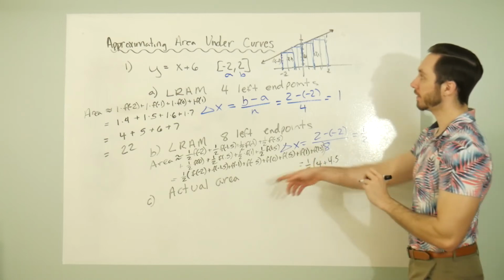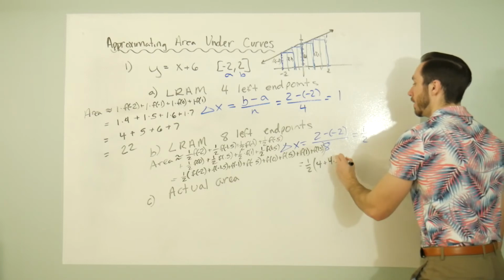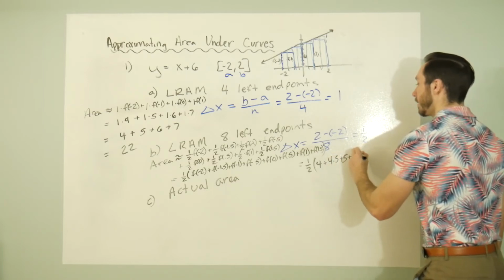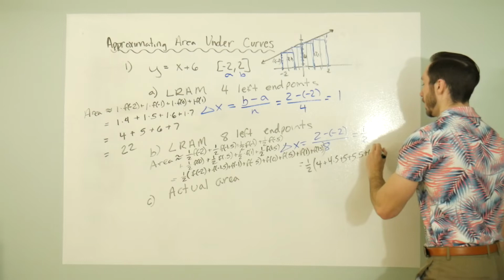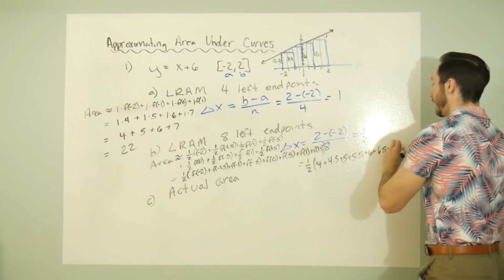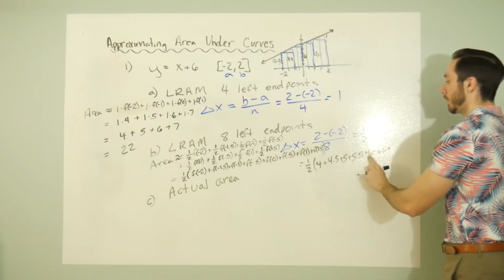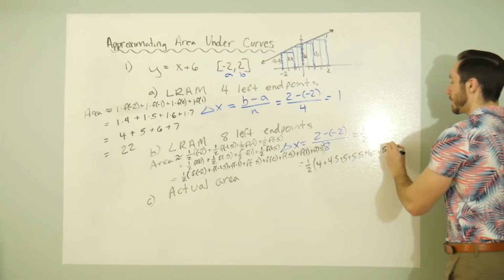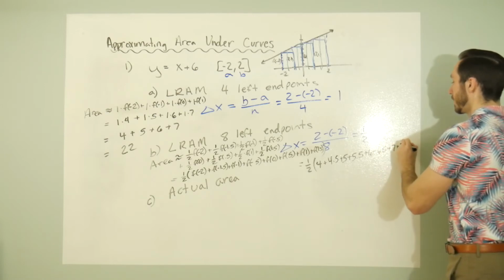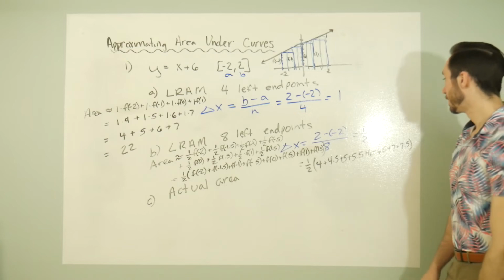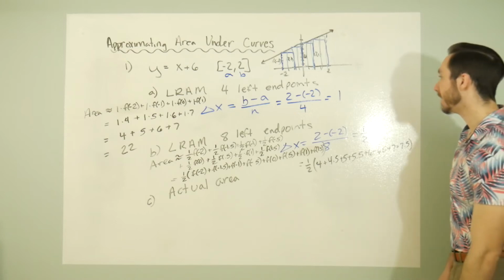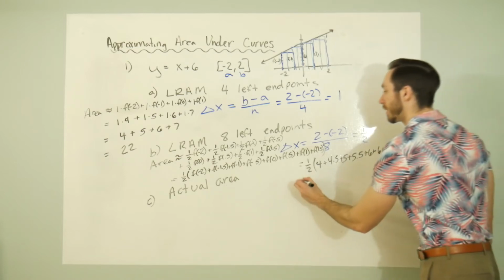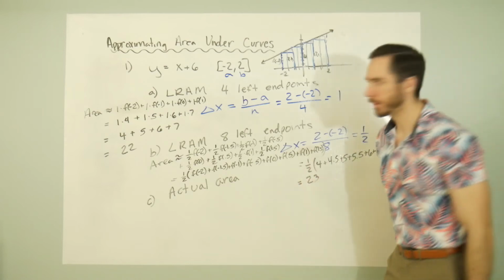F of -1 we already solved for. That was 5. And actually this pattern is just going to continue up until the 8th number. So 1, 2, 3, 4, 5, 6, 7, and then 8. Okay, some mental math. This should be closer. This should be 23.